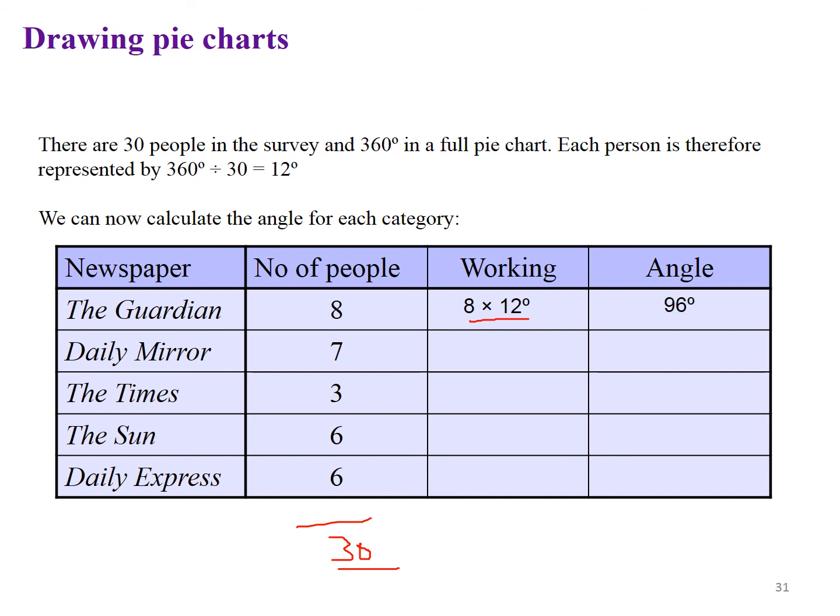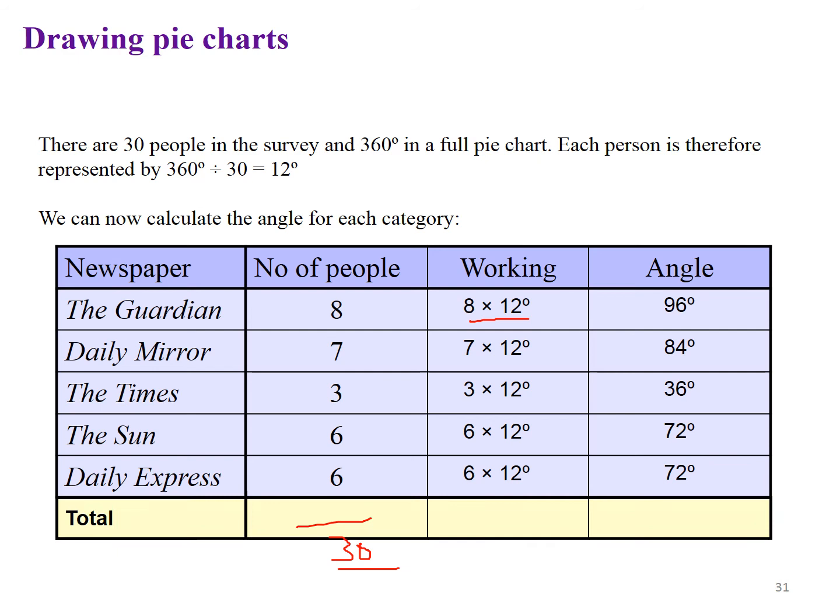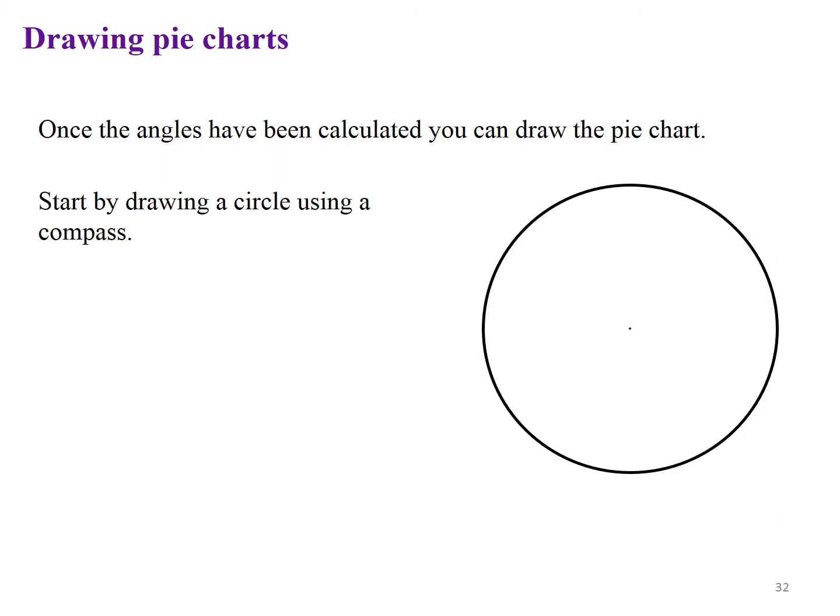Similarly for the second one, that should equal 96, so the corresponding angle is 96. Similarly 7 times 12 is 84 degrees, and 3 times 12 is 36 degrees, then 72 degrees, and the last one is also 72 degrees. Then we can draw the pie diagram.